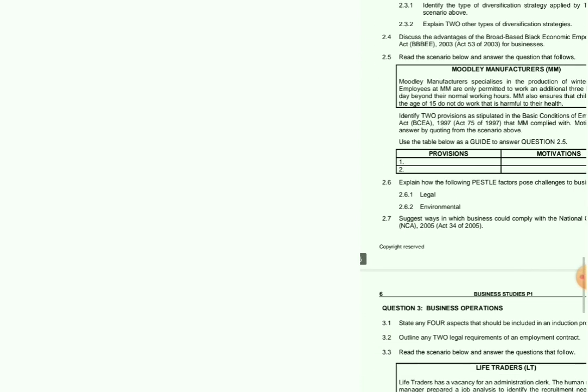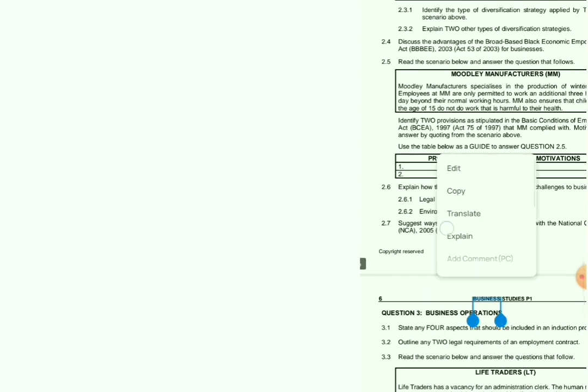2.6, explain how the following PESTEL factors pose challenges to the business. 2.6.1, we start with legal. How does it pose a challenge?